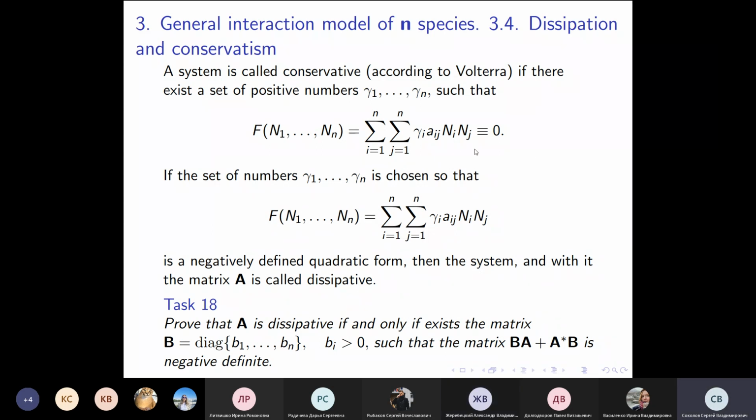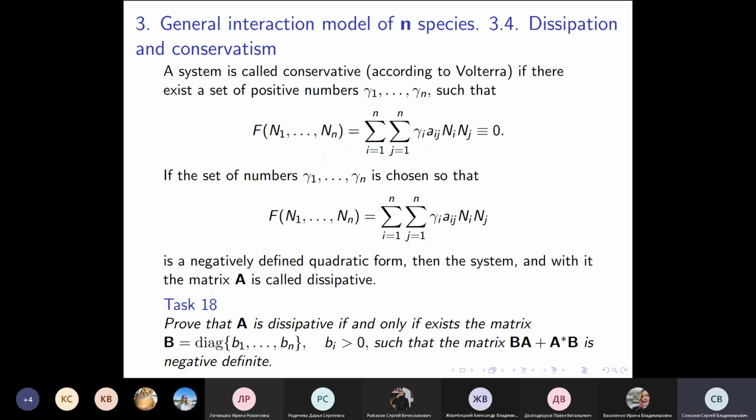But in this situation, it is a real conservative system if all the coefficients of our matrix are zero. Then we can conclude that it is definitely conservative for any possible gammas. It is always conservative. So if our species do not interact, the system is conservative. It's quite natural.